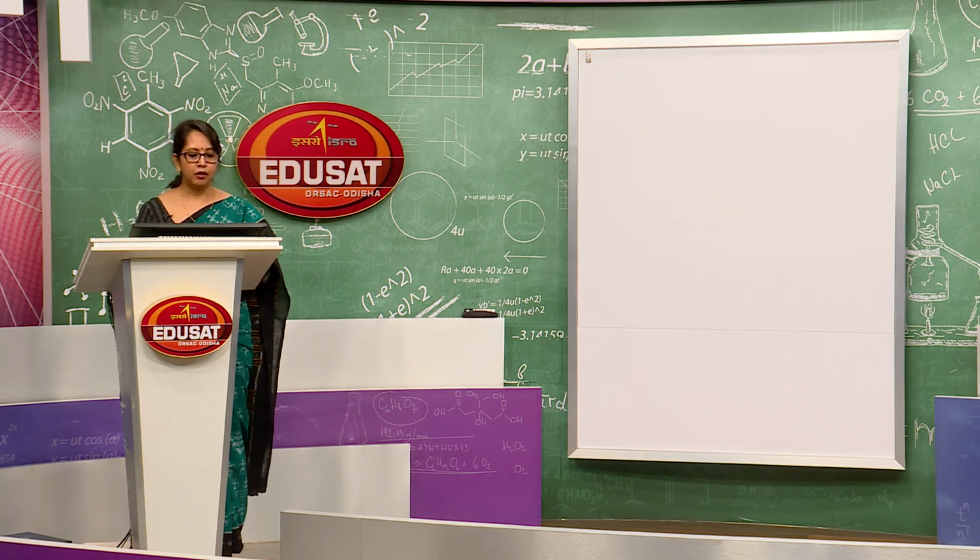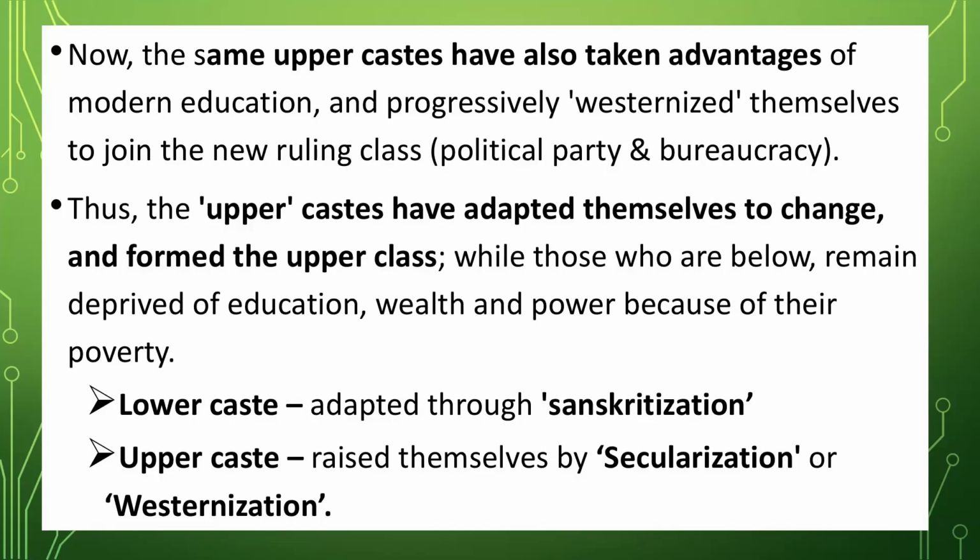Now, moving to the next point. The upper caste, those who have taken advantage of modern education, have progressively moved forward. They could westernize themselves while joining the new ruling class, like the political party or bureaucracy. In the present context, who are the rulers?